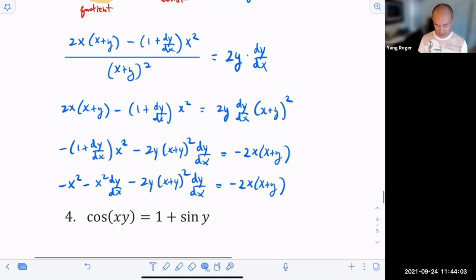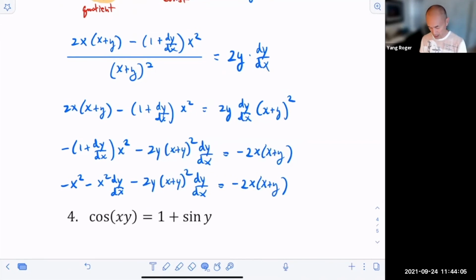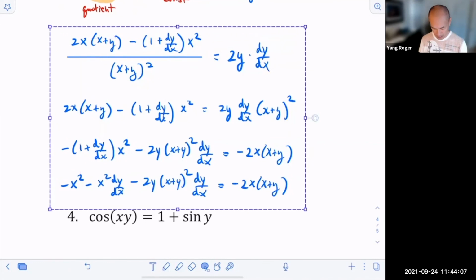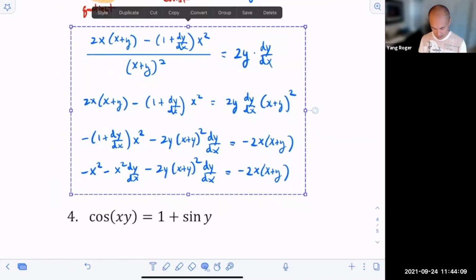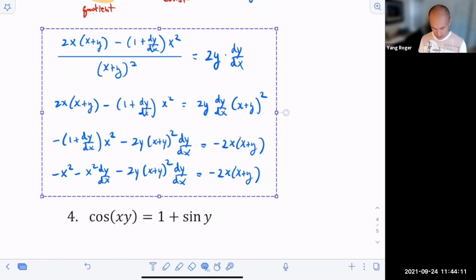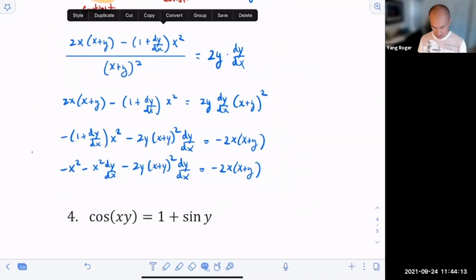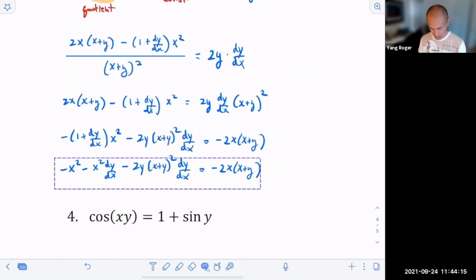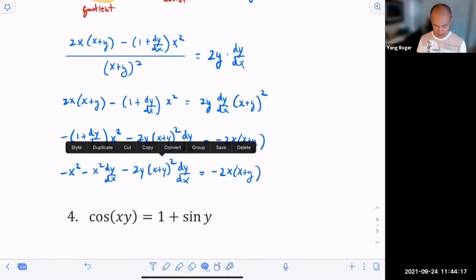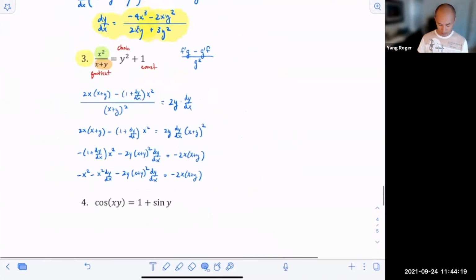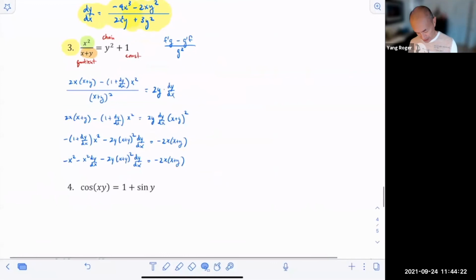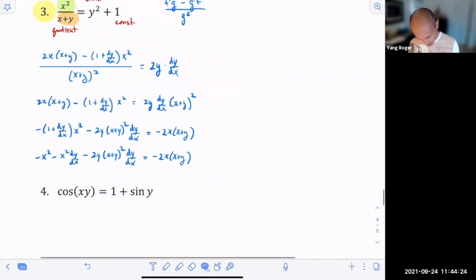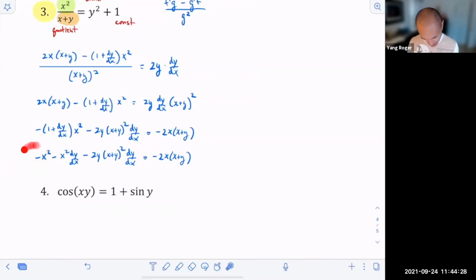Does that make sense for everybody so far? Okay. So I need to continue this up here. So now you see I have this one extra term that does not have a dy dx. So let me move that to the other side.